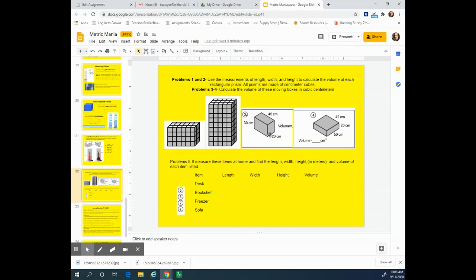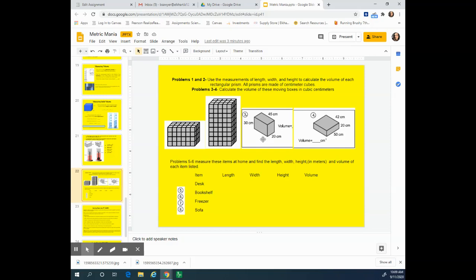Okay, so you're going to calculate the volumes here and here by doing the same as well. Okay, and you're going to be doing cubic centimeters instead. So make sure you express it properly.